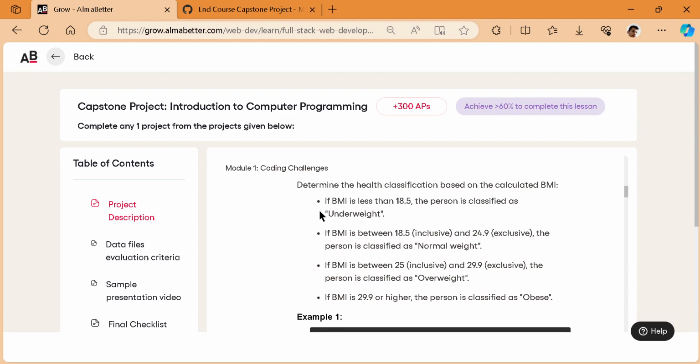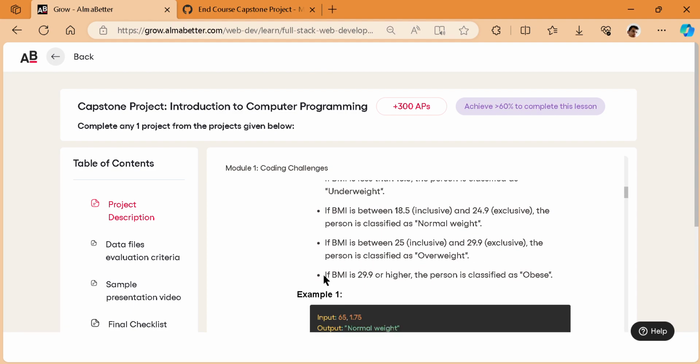So we have to give our judgment accordingly: below 18.5 is underweight, and 18.5 to 24.9 is normal weight. If BMI is between 25 and 29.9, then it is overweight.